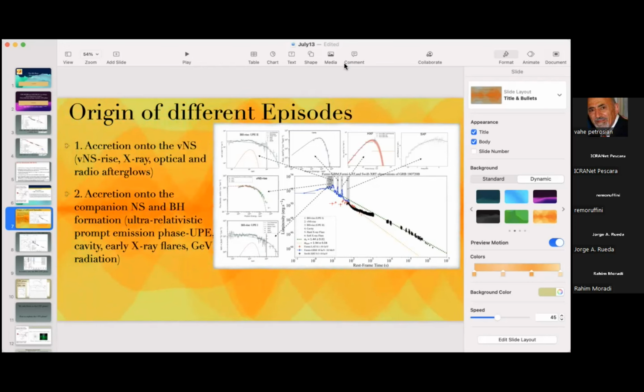So just to highlight some of the points that I'm going to touch tomorrow, specific GRB observables. What are the specific physical processes ongoing, starting from the supernova explosion, and what kind of physical processes this supernova is triggering in the system, and how they relate to the GRB observables.